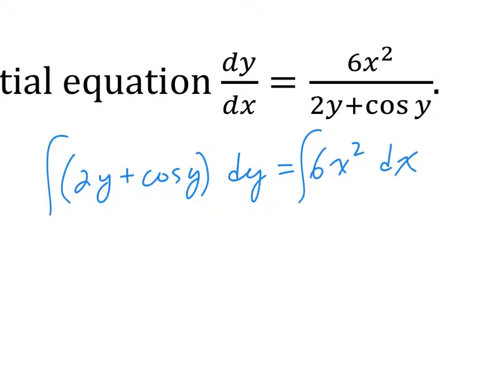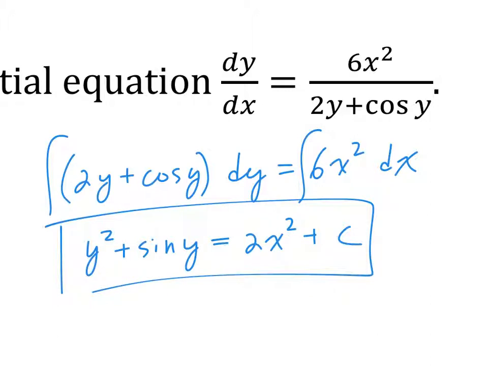Now the integral of that part is okay, you can do it because it's a plus sign with both of them being y. So this is y squared plus sine y equals 2x cubed plus c. Sorry, cube. Thank you. Some of them you cannot solve for y. Just leave it like that.